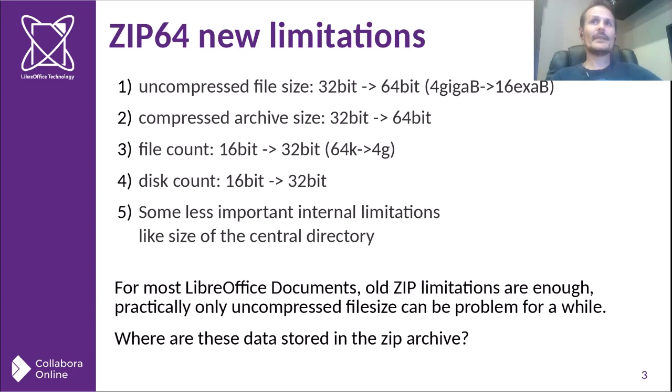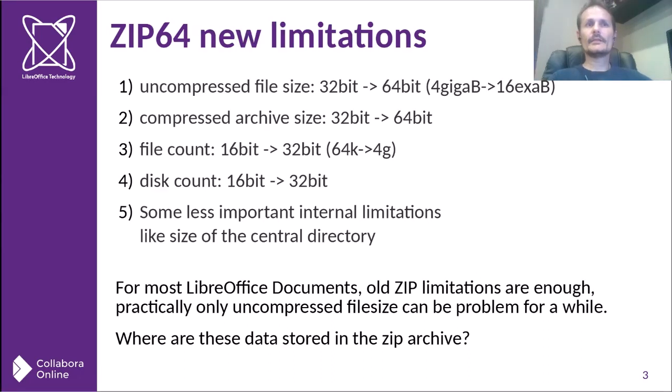Even now it's hard to reach, but if someone makes a huge database in Calc, they can generate a content XML file that is bigger than 4 GB, which may be just a 100 MB zip archive, but still it can be used. It could not be used in the old LibreOffice.